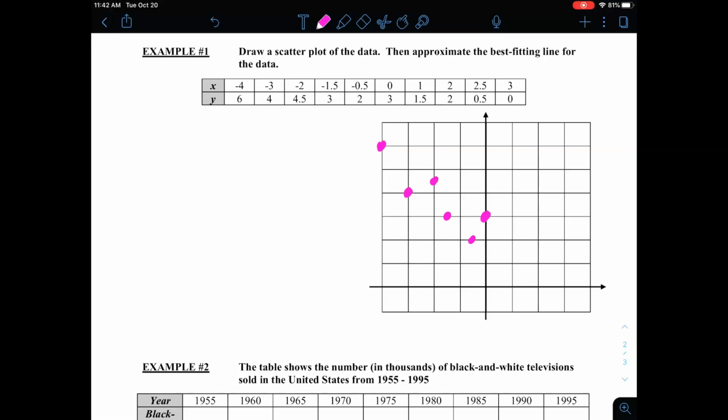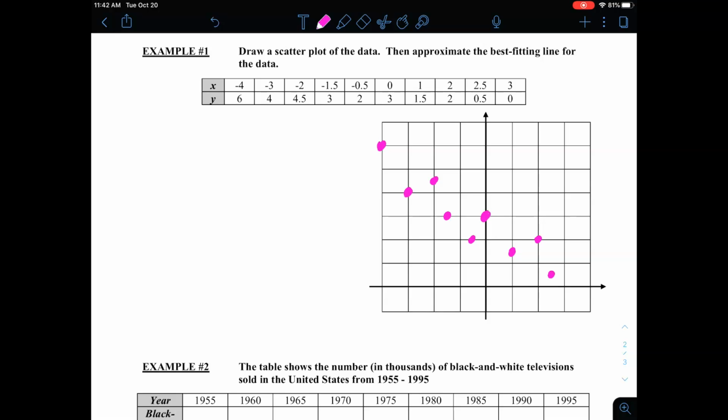I'll pause here for a second to make sure we're all caught up. Then we have 1 and 1.5, so we're going to go right 1, up 1.5. Then we have 2, 2, so we're going to go right 2, up 2. Then we have 2.5 and 0.5, so we're going to go right 2.5 and up 0.5.